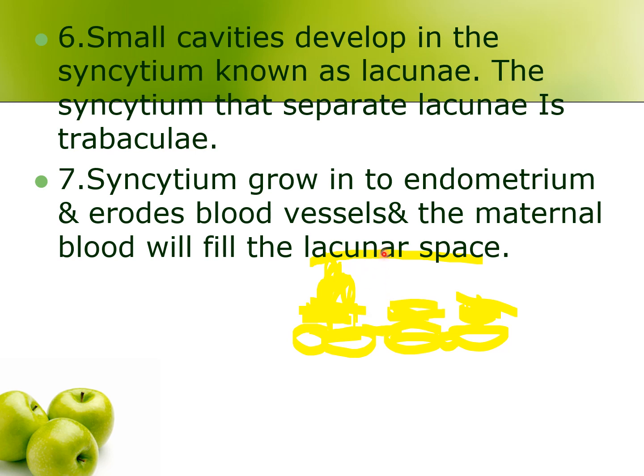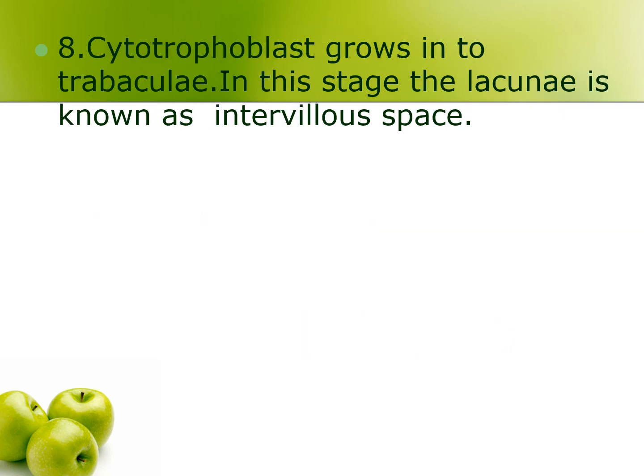From this maternal blood vessel, blood will start to leak into this lacuna space. So now trabeculae is there, lacuna is there, here maternal blood vessels are there, and here this lacuna is filled with the blood. And the cytotrophoblast grows into the trabeculae. At this stage, the lacunae are known as the intervillous space.